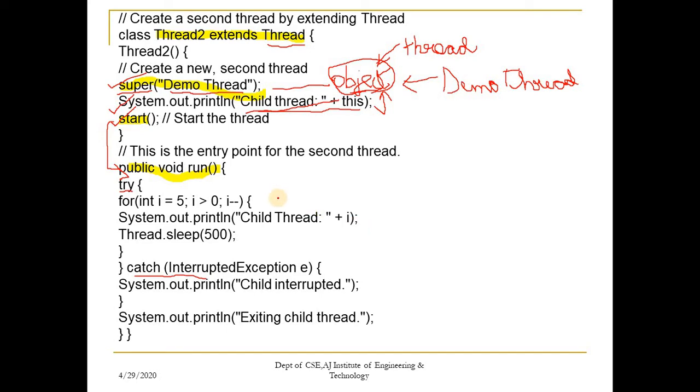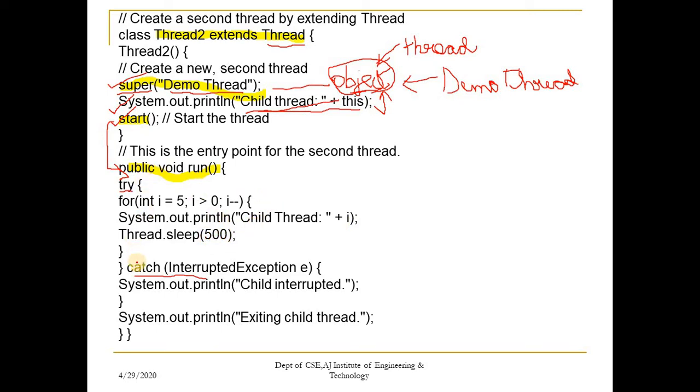Using this for loop, it will display the value of i with a delay of 500 milliseconds. Here Thread.sleep adds a delay to the thread execution, so you are making the thread sleep for 500 milliseconds, and you display the values of i using the for loop with that delay.